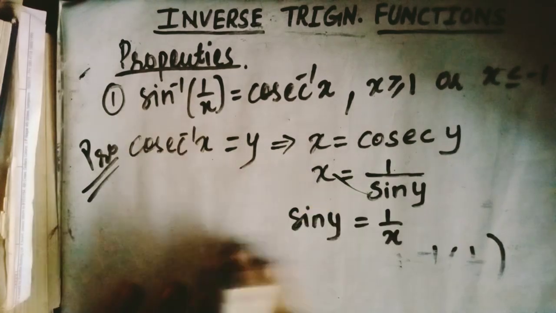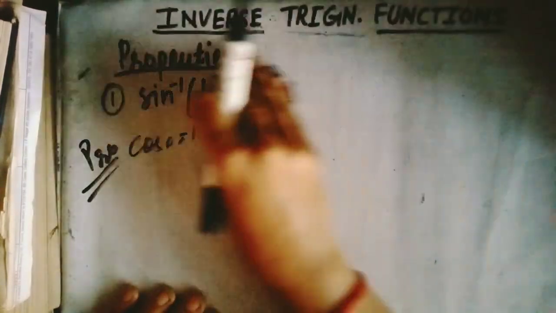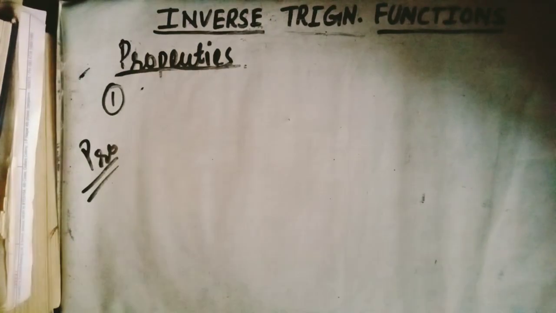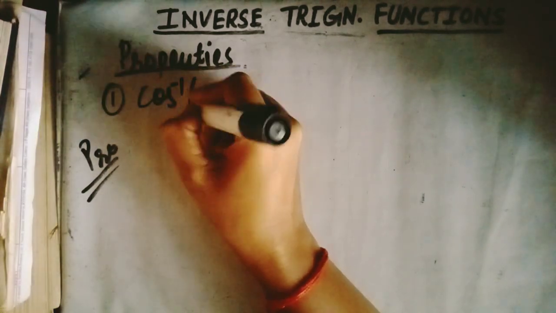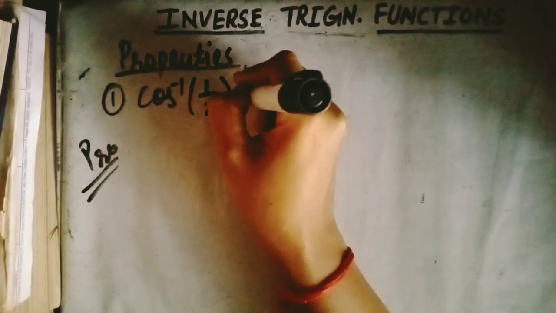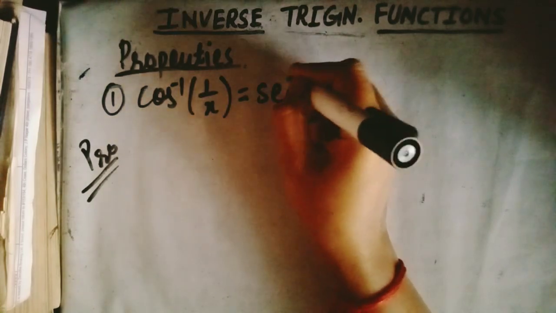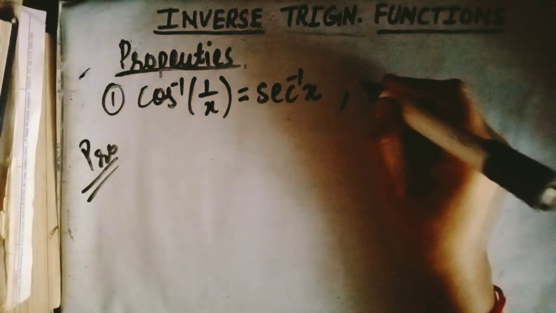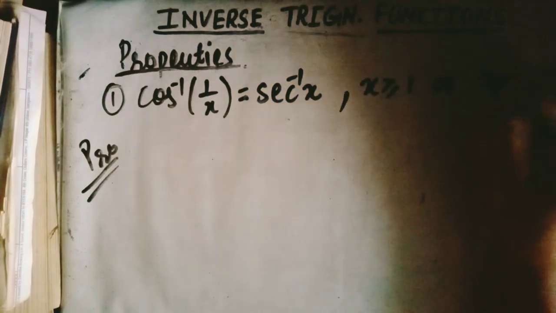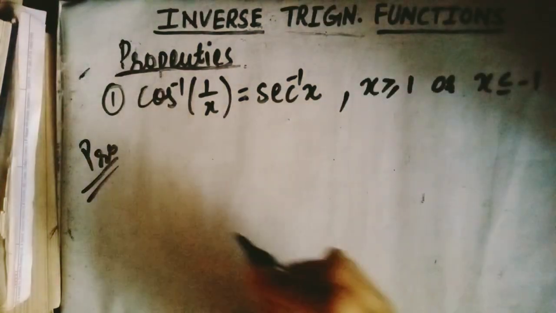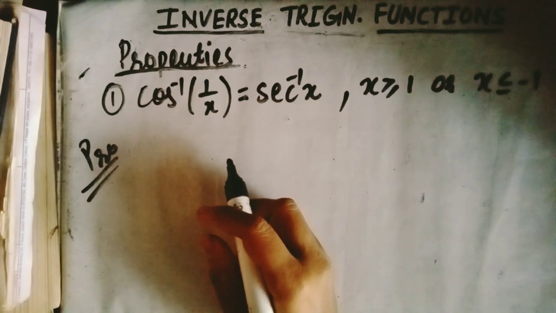Let's write the second property. Cos inverse of 1 upon x is equal to sec inverse of x, where x is greater than or equal to 1 or x is less than or equal to -1.